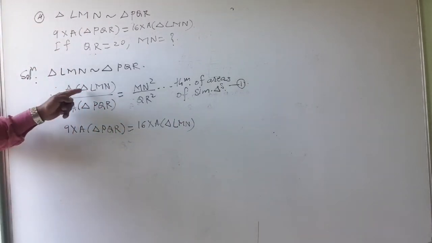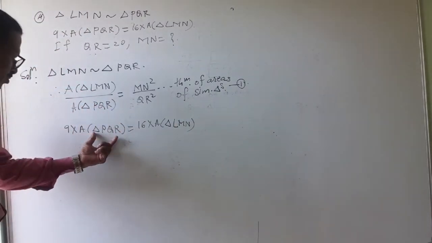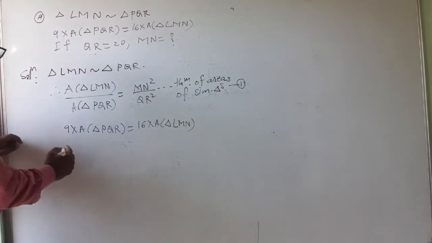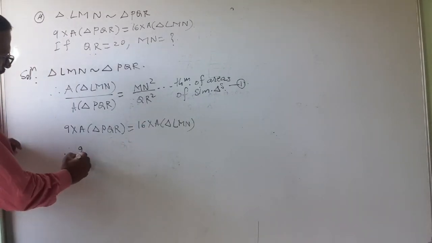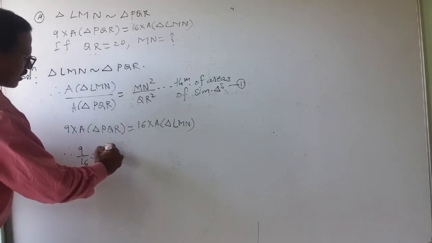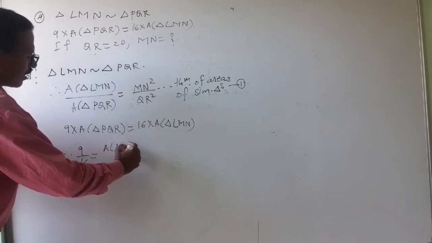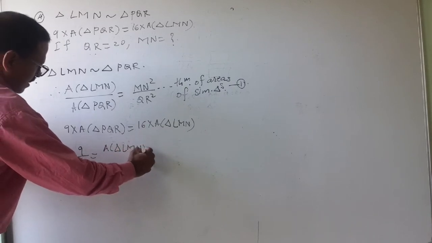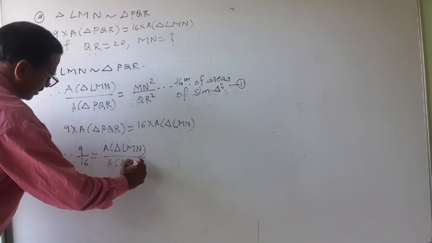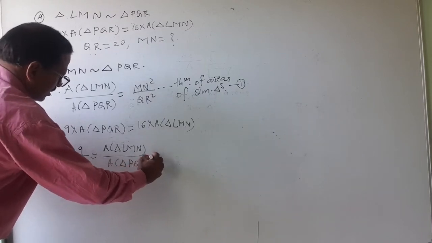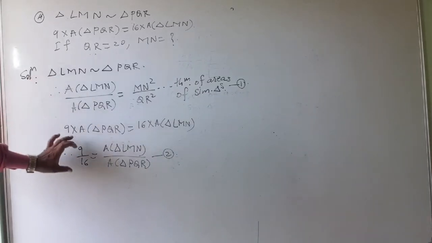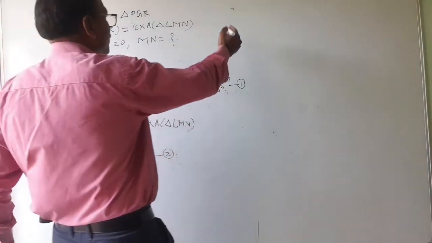Here I have taken LMN upon PQR. So this PQR, which is into, will become upon. This 16, which is into, will become upon here. Therefore, 9 upon 16 is equal to area of triangle LMN upon area of triangle PQR. This is number 2. Now this side is 9 upon 16.